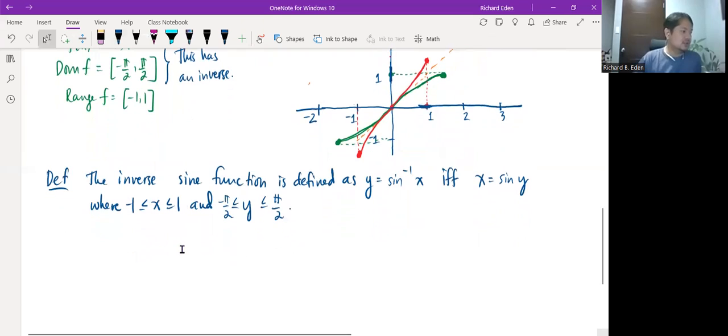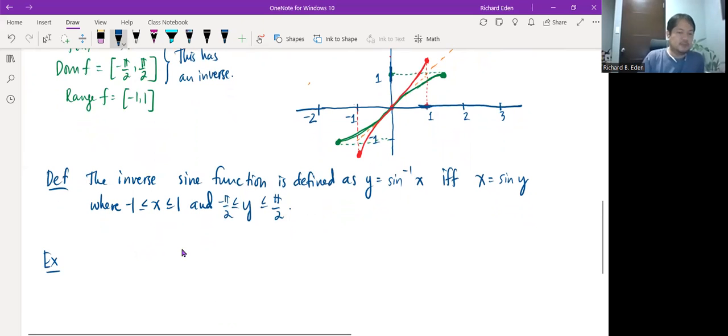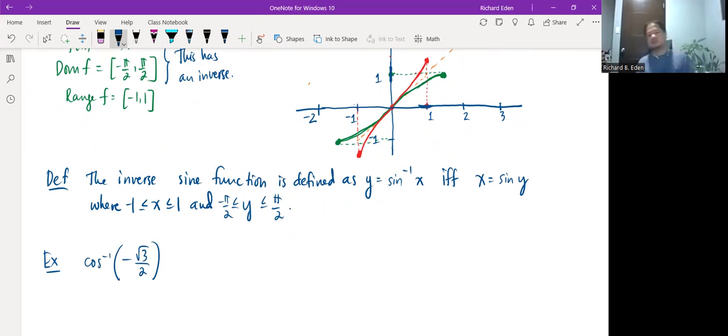Okay, so let's familiarize ourselves with computations. So example, what is cosine inverse of negative square root of 3 over 2? The idea is that because this is a cosine inverse, think of the result as an angle.